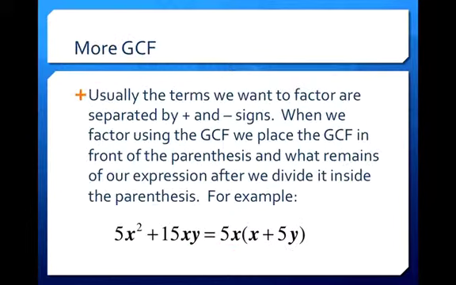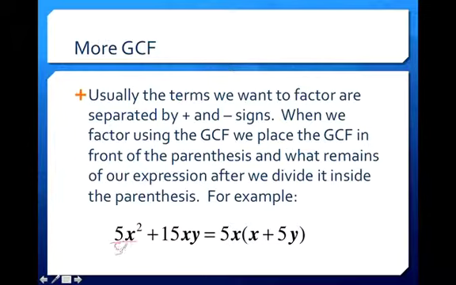Okay, so let's try one. All right, here we go. I have two terms here: 5x squared plus 15xy. What I want to do is find the greatest common factor between these two terms. We just saw that it's 5x. Now, to complete the factoring problem, we're going to take what remains after we're done dividing. So I divide each term by 5x.